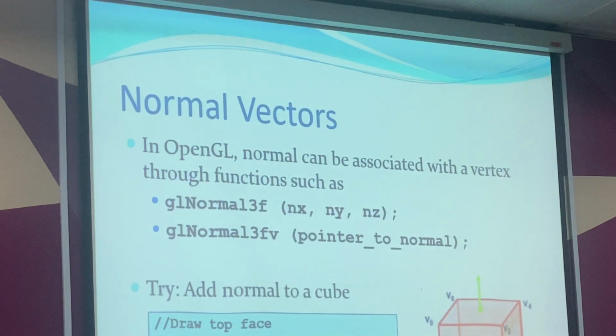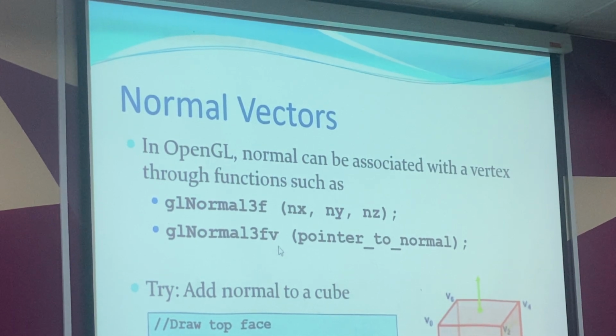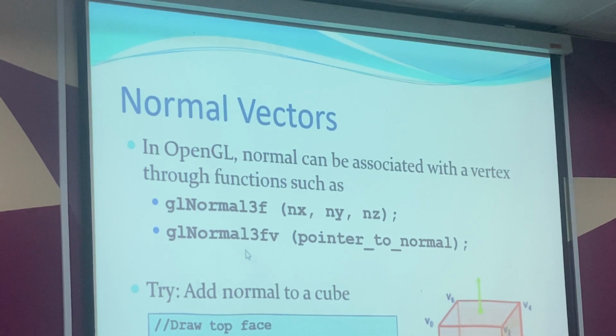If you want to attach a normal to your vertex, you just have to call this function, glNormal3f, passing three floating point values nx, ny, and nz. Or you can put your xyz in a vector, then glNormal3fv. Like the cube, we already drew this cube in your OpenGL.